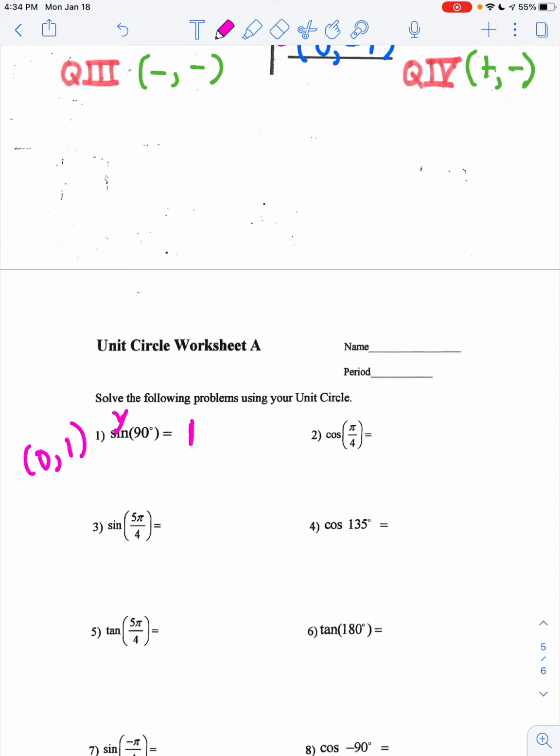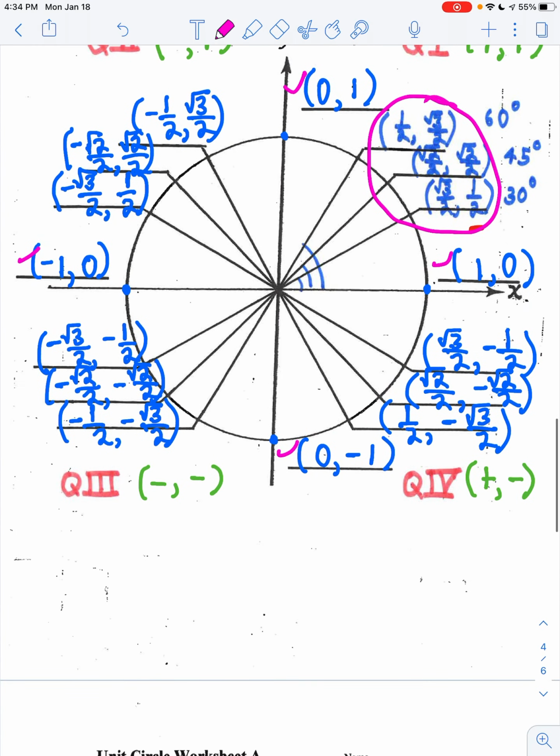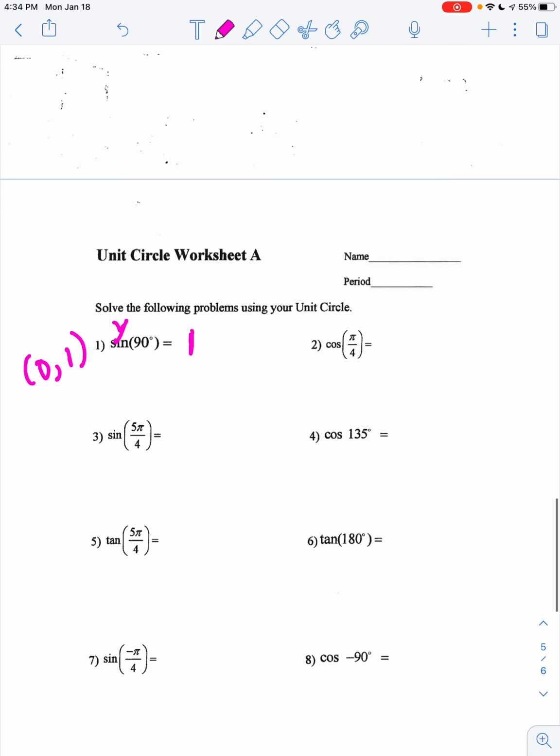How about pi over 4? Well, again, you can look up here at pi over 4 if you want, but the ordered pair is square root of 2 over 2, square root of 2 over 2, and pi over 4 is quadrant 1, and of course cosine is x, so that would be square root of 2 over 2.